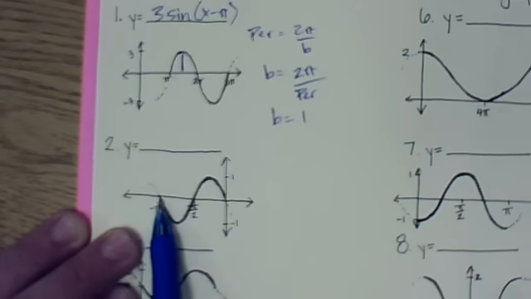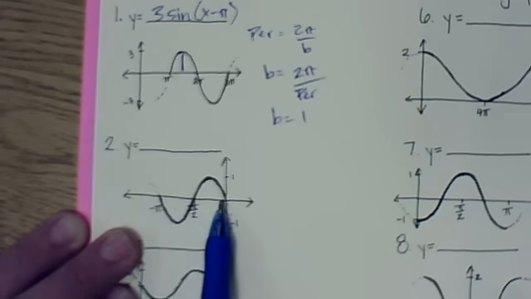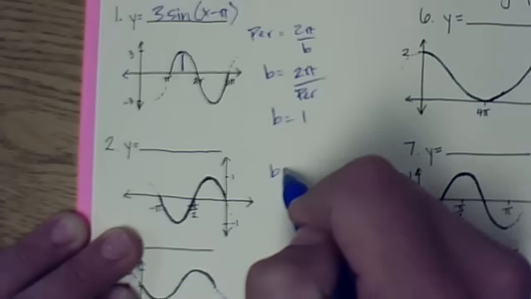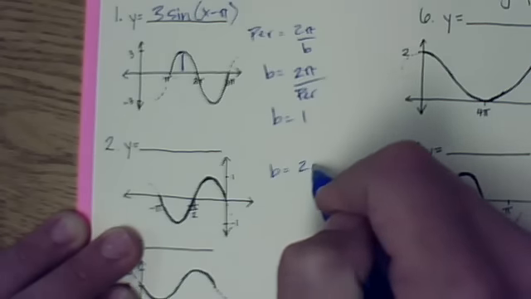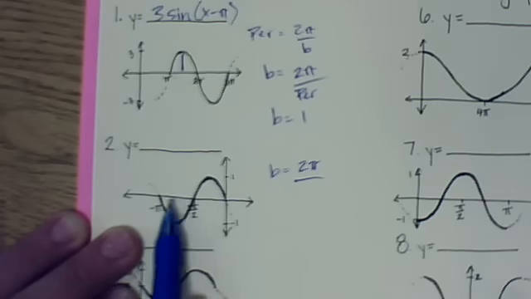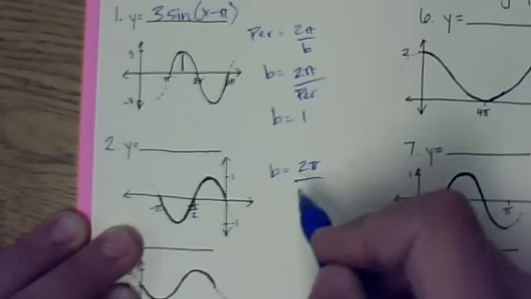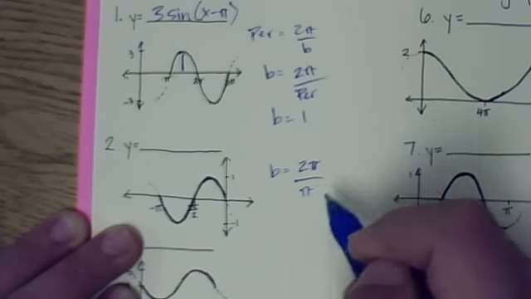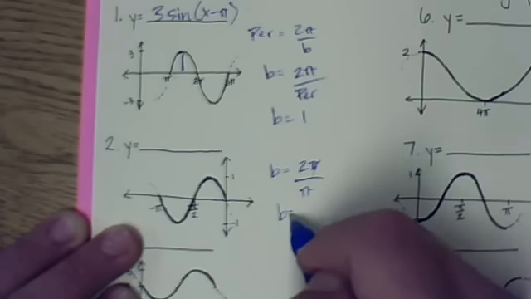This one goes from -pi to 0. So there's a horizontal shrink there. So if I say that b equals 2 pi over the period, this period is pi. The pi's cross out, so I get b equals 2.